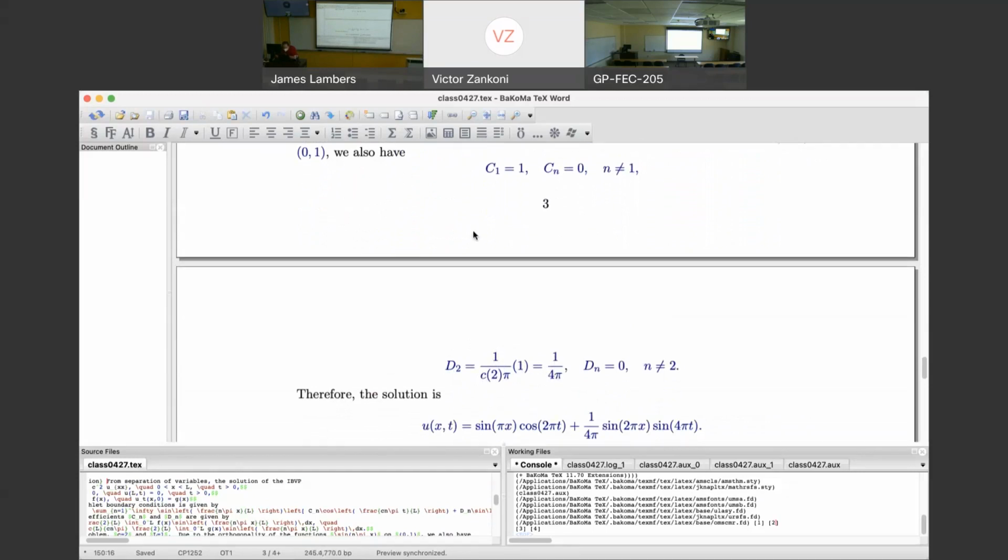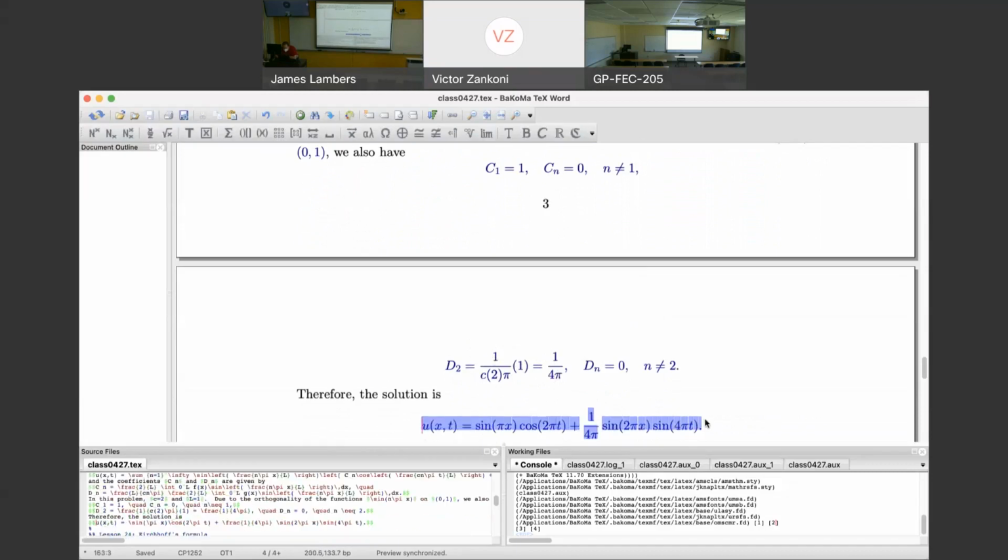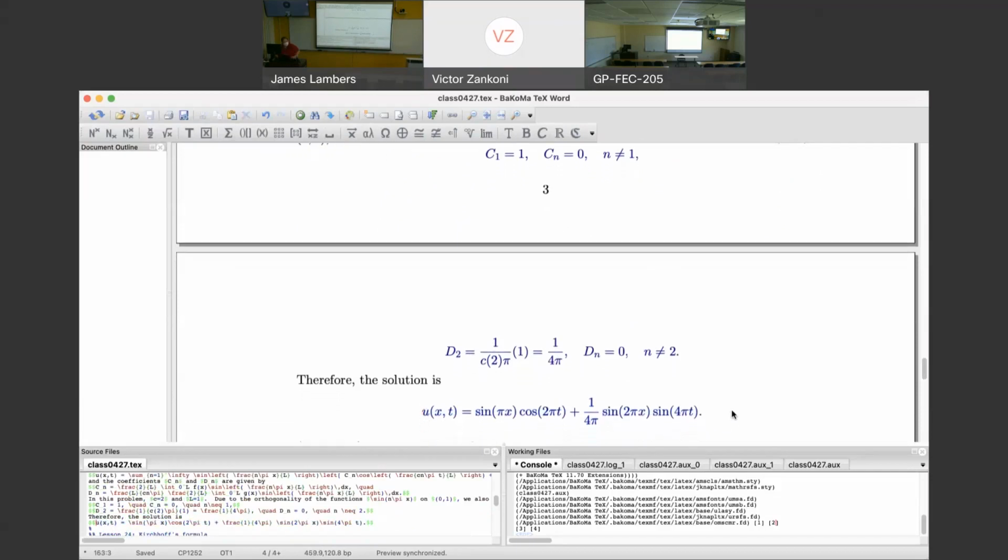So now once we fill in our c's and our d's, then this is our solution. So again, use the boundary conditions. Figure out what your eigenfunctions are. Sine or cosine n pi x over L, or whatever the case may be based on the boundary conditions.